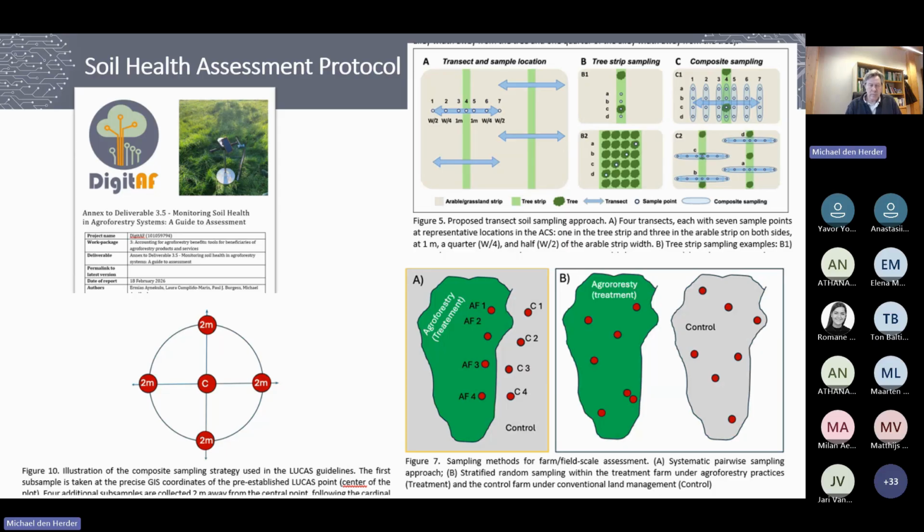And then for the carbon, pH and nitrogen, we took composite samples. We took one sample in the middle, and then in all directions we took another sample. The samples were then analyzed separately, so you can get a better estimate at each point.